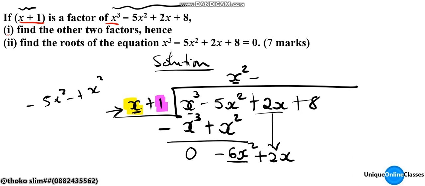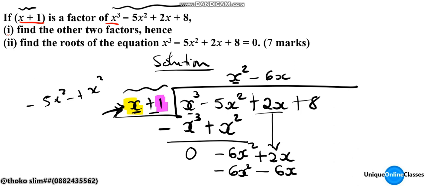Now we have minus 6x. And then what you need to do, we are going to multiply our quotient here with this divisor. So minus 6x times x, that will be minus 6x squared, and then minus 6x multiplied by positive 1, that will be minus 6x.